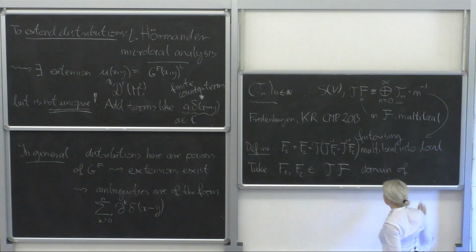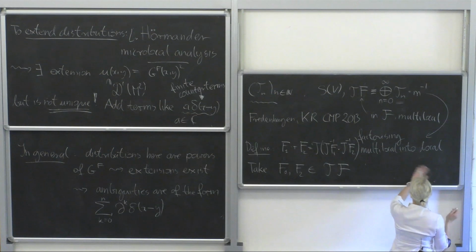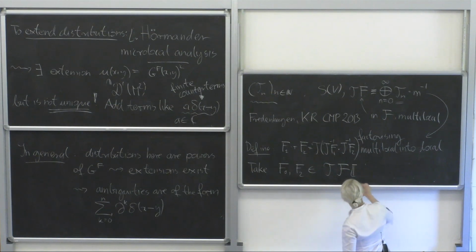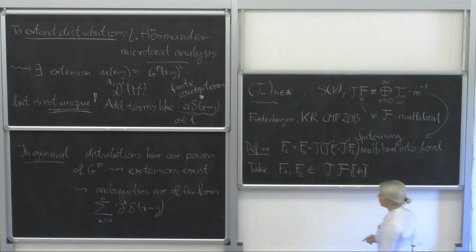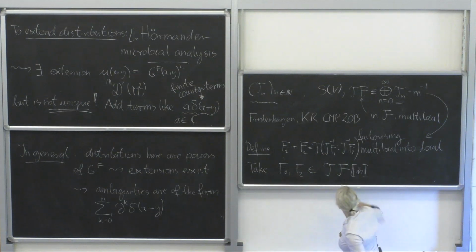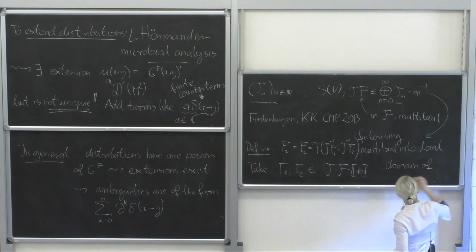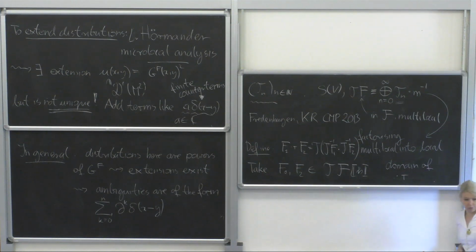So this is the domain of, well, actually, all right. Let me be more precise. So we're going to add these formal power series in H bar. I'm still a mathematician. Take F1, F2 in this domain of time-ordered products.